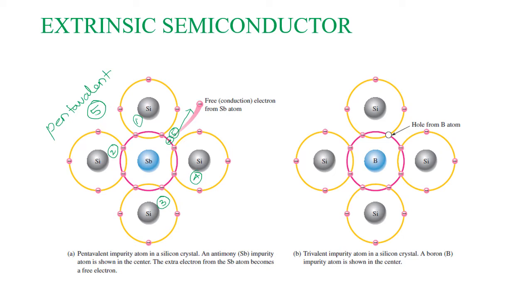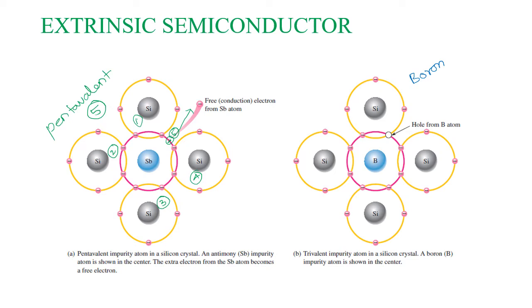We can use this electron to conduct electricity. And here you can see that there are 4 silicon atoms and 1 antimony, and therefore it is called an extrinsic semiconductor. And you can see this is boron. This is also an extrinsic semiconductor.